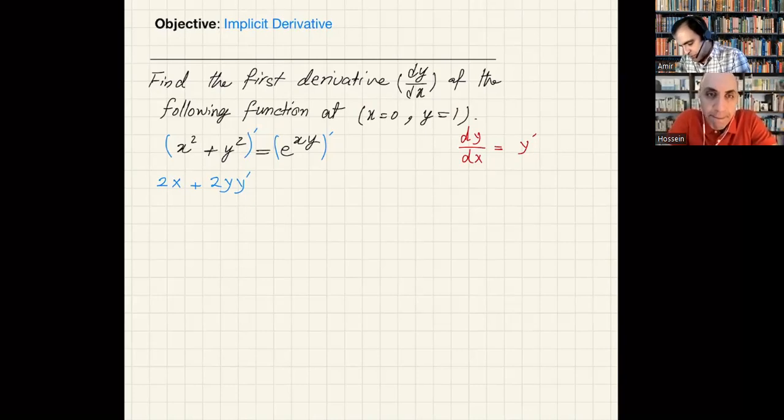Yes, and then for the right side, when we have e to the power of u, where u is in terms of x, the derivative of that in terms of x is u prime e to the power of u. Here, this prime means derivative of u with respect to x. That's correct. In our case, this is u.